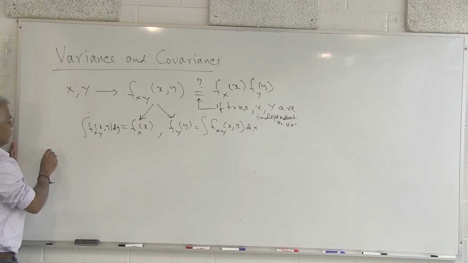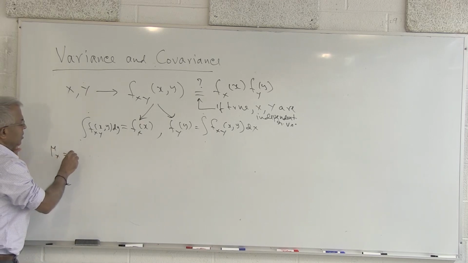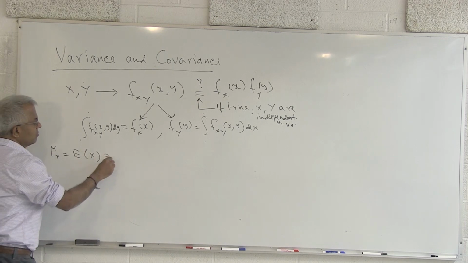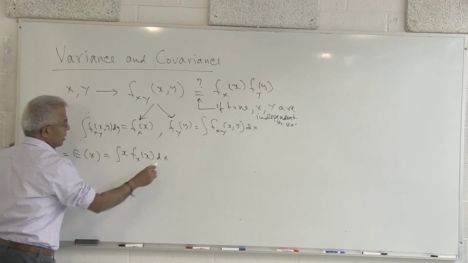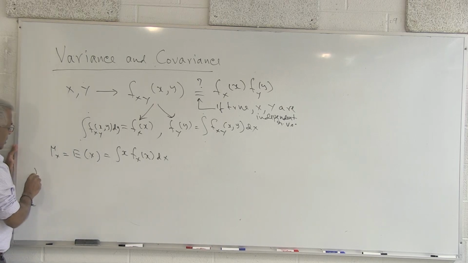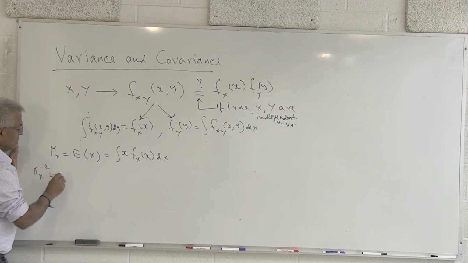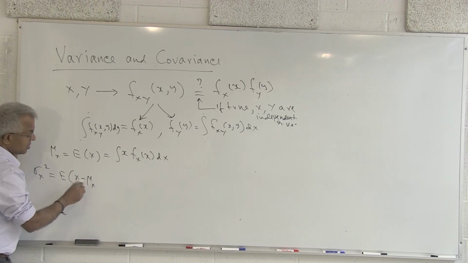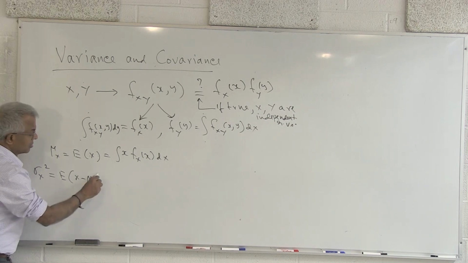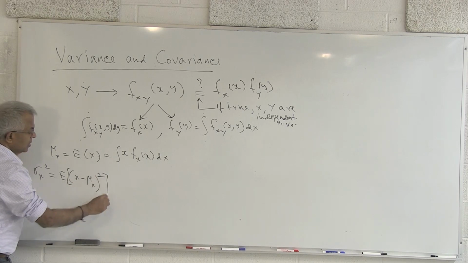But in terms of parameters for a random variable, of course, you have expected value of x, which is the mean of the random variable. Mean is the average value. Similarly, variance is expected value of x minus mu x, the whole squared. So this is the actual occurrence minus its mean, the deviation of the actual occurrence. You square it, and take its expected value.